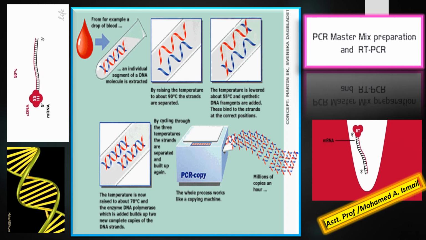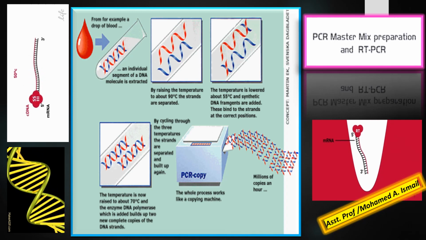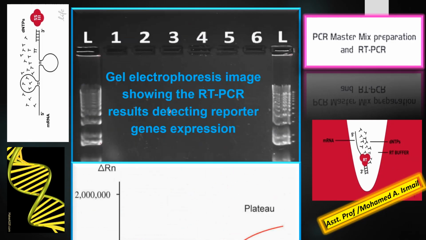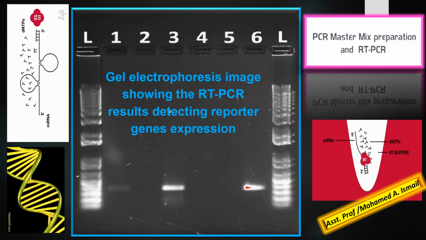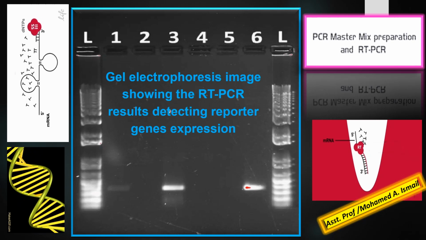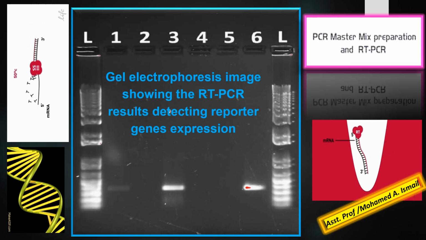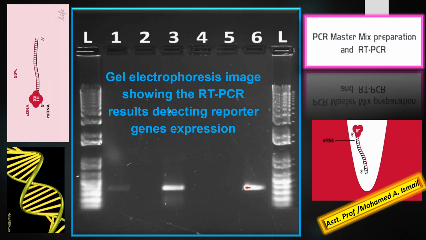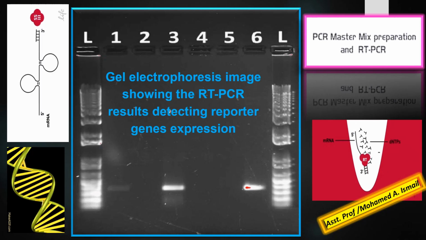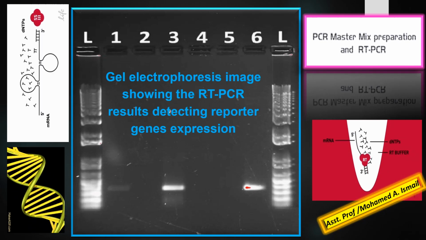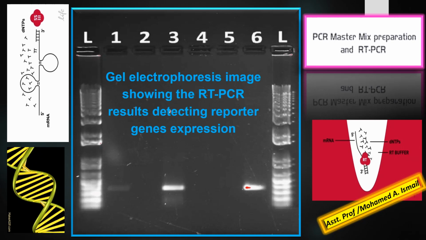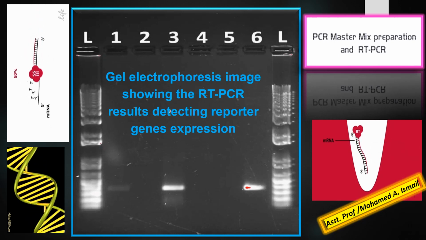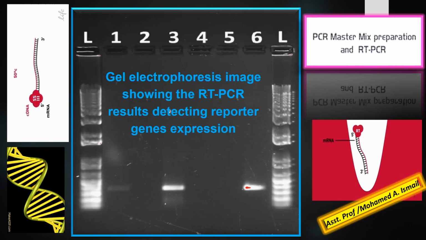When the run is finished, the PCR products can be easily visualized on the gel electrophoresis system using, as usual, a UV light source. Note that the amplicon, which is a product of PCR, is stable for a few days at 4 degrees Celsius. Now the RT reverse transcription PCR is finished. Thanks for listening.